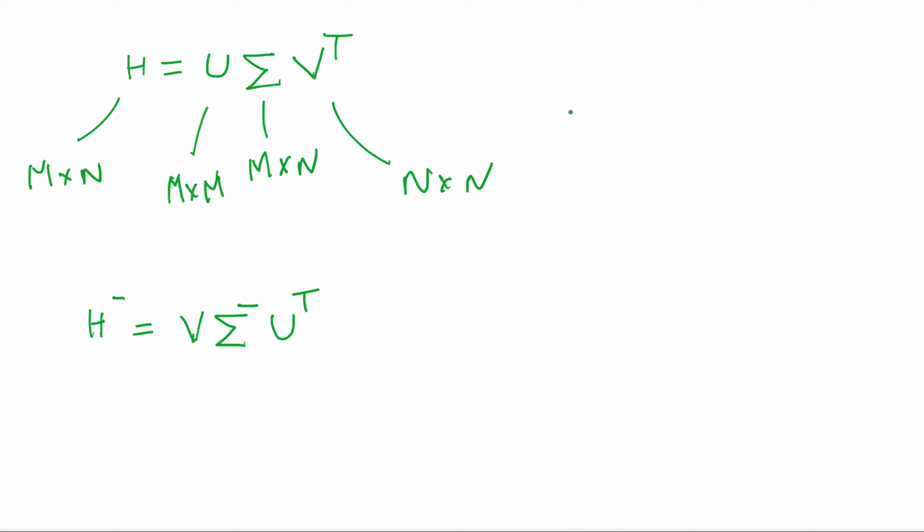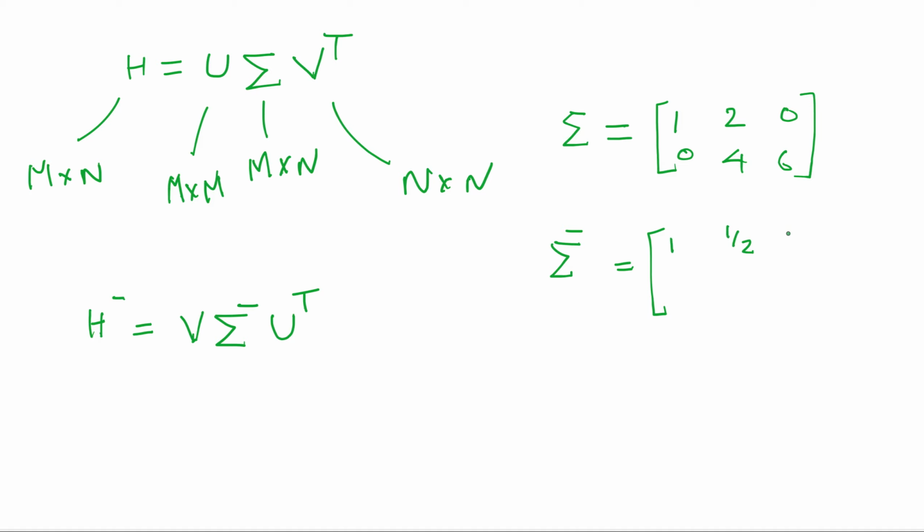Suppose that this sigma takes the form, suppose that I have values, let's say 1, 2, 0, 0, 4, 6. Suppose that these are the values of sigma. Then if you want to find the pseudo inverse of sigma, what you have to do is invert all the non-zero elements in this matrix. So the value of this first one will be 1 by 1, that is 1.